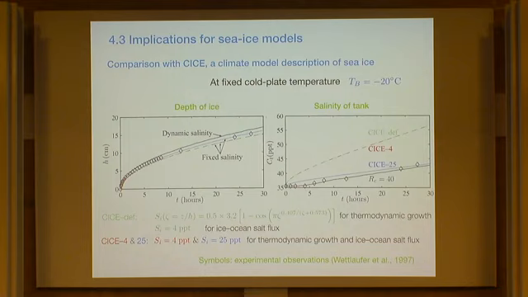What is significant is this cumulative salt flux measure here. Unsurprisingly, the sea ice in a climate model typically prescribes some salinity of the ice, and they prescribe a very desalinated ice. The reason they do this is historical.